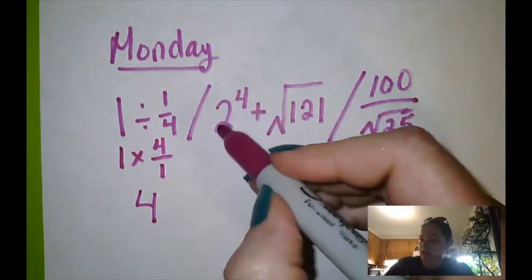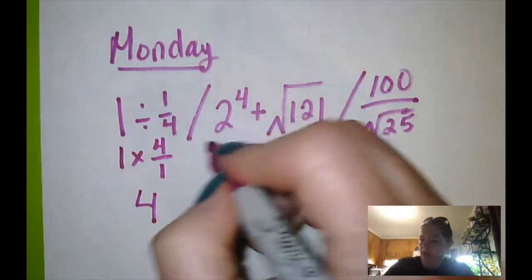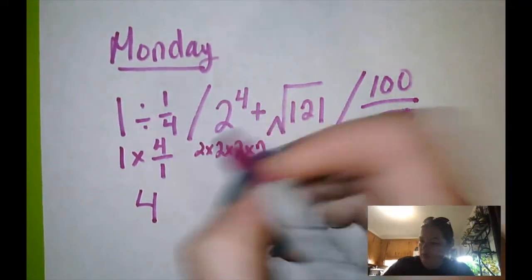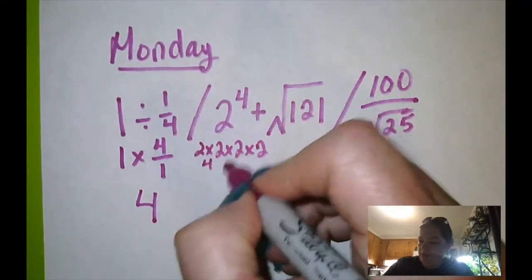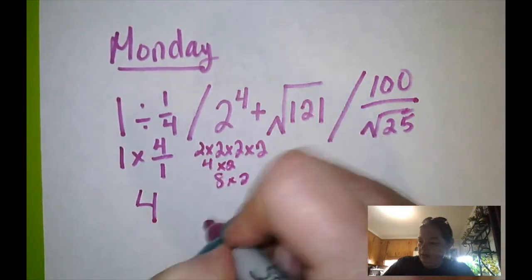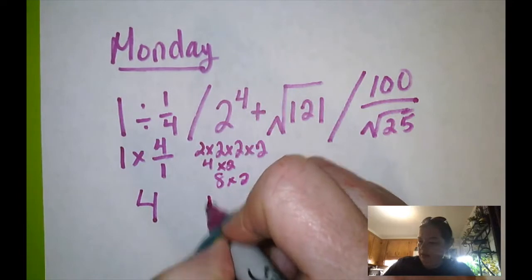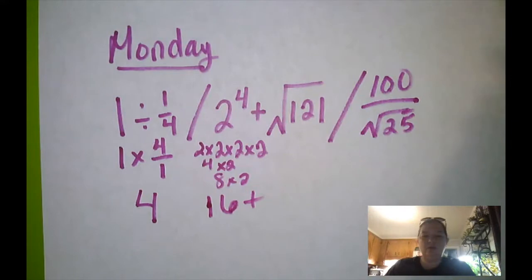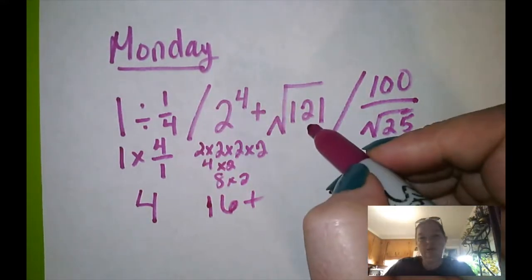This one right here, 2 to the 4th power, so that is 2 times 2 times 2 times 2. 2 times 2 is 4. 4 times 2 is 8. 8 times 2 is 16. And then we've got to add that to the square root of 121. That's close to 100.